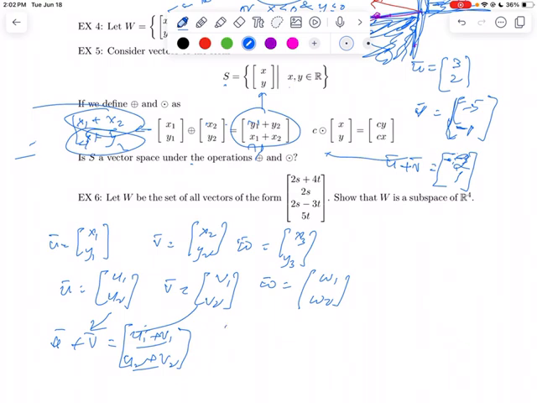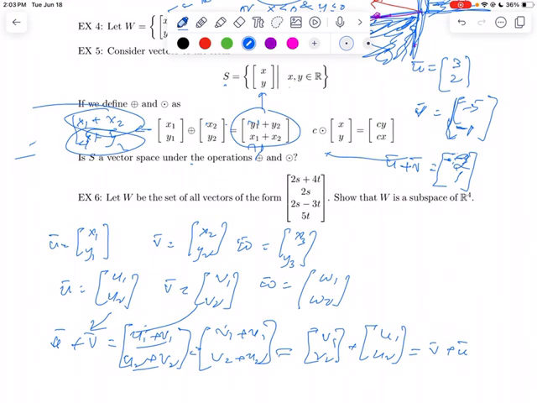What about the second property? It's saying the commutative law. Can you see from here I can write it as v1 plus u1, v2 plus u2, because real numbers commute. So now I can rewrite it as v1, v2 plus u1, u2, which means v plus u. So the second property is satisfied.